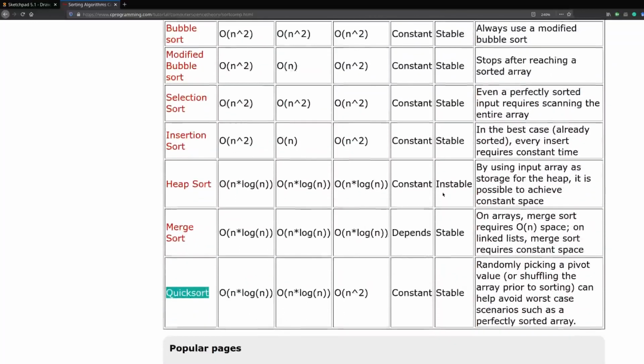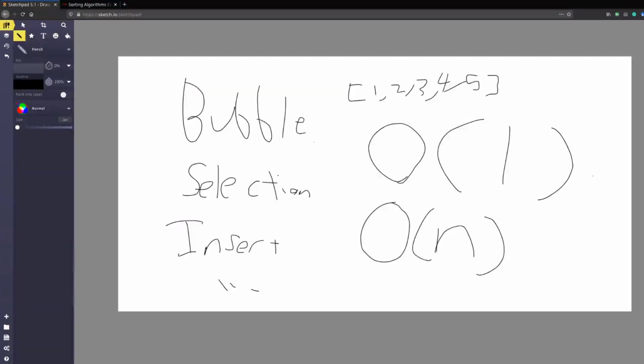This one's unstable, and by stability, that means that, for example, if you have 1, 2, 2, 3, a stable one will keep the order of these 2, but an unstable one may swap these. For normal use, this doesn't really matter, so you don't have to pay attention that much, but if, for example, you have something attached to it, it's going to mess you up.